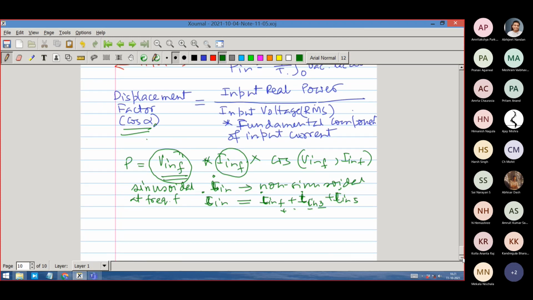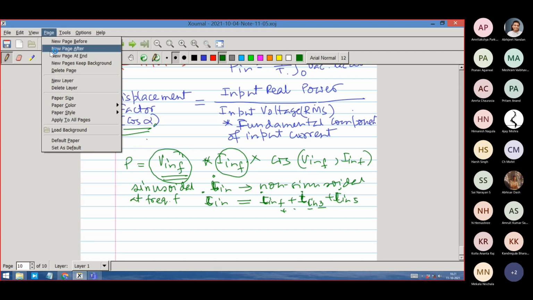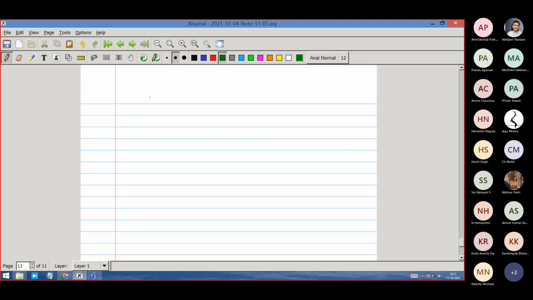But is there no power factor definition? Yes, there is a power factor definition, and it is defined as follows. Now you yourself can define power factor.